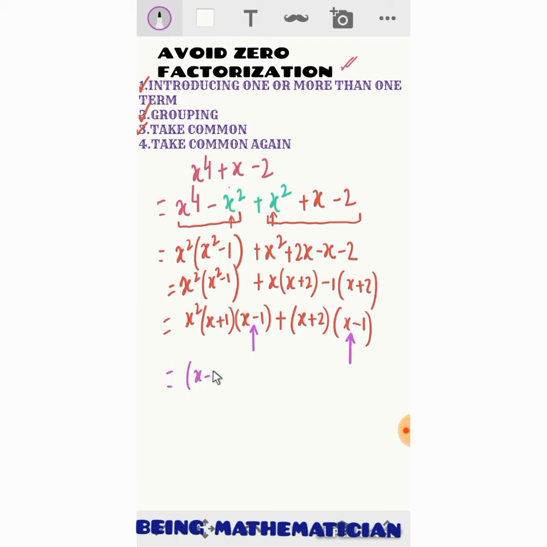So x minus 1 into x square plus x plus 2, that is x cube plus x square plus x plus 2. Now we move to the next trick.